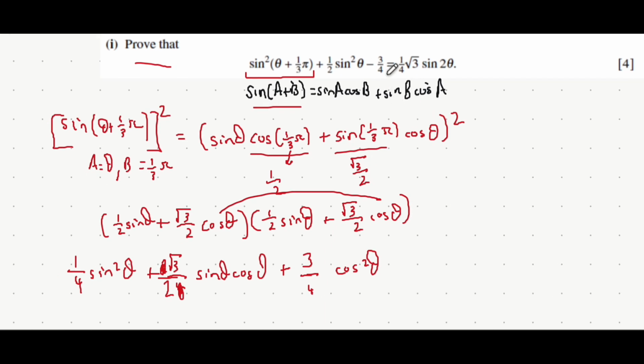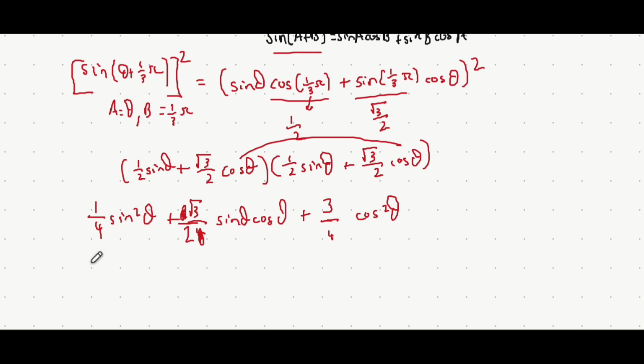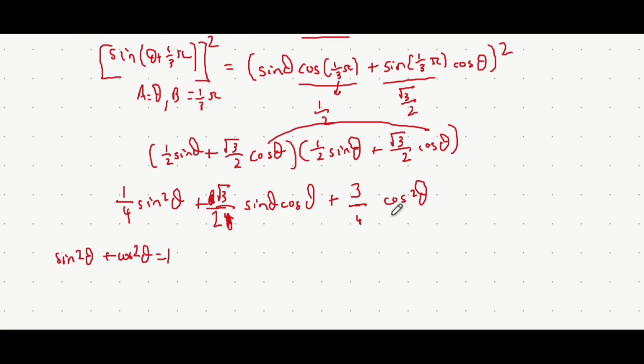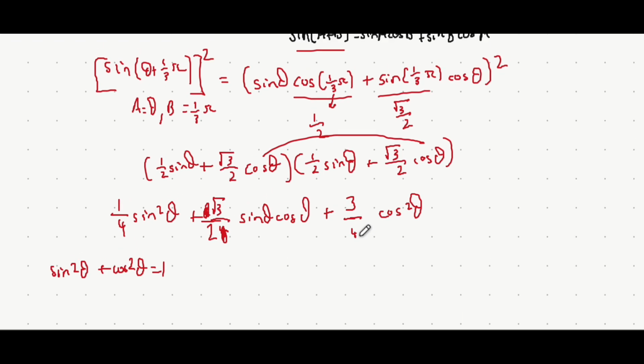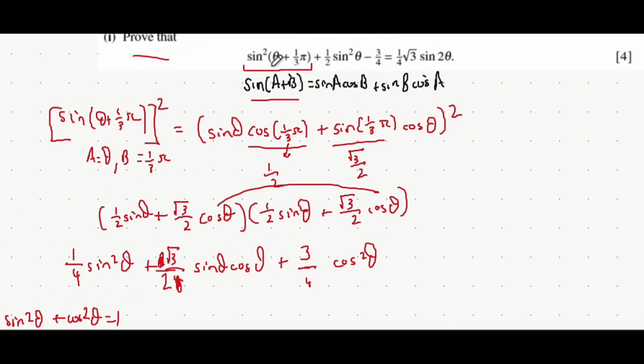Great. Going from there, you can actually simplify this further because I don't know if you remember from year 1 trig identities, but sine squared theta plus cos squared theta is actually just equal to 1. Here we have a quarter sine squared theta plus 3/4 cos squared theta, but I'm going to show you how to deal with that, because once you have this expression here, we're adding onto that a half sine squared theta, and on top of that we're subtracting 3/4.